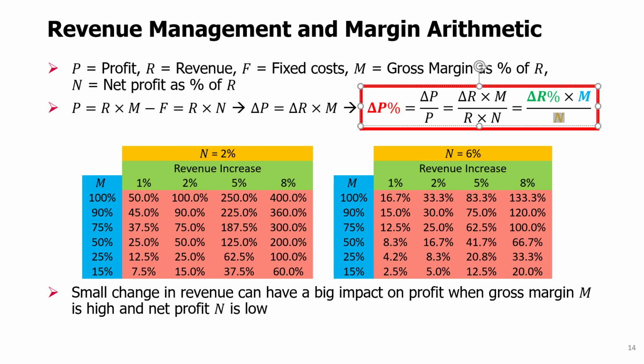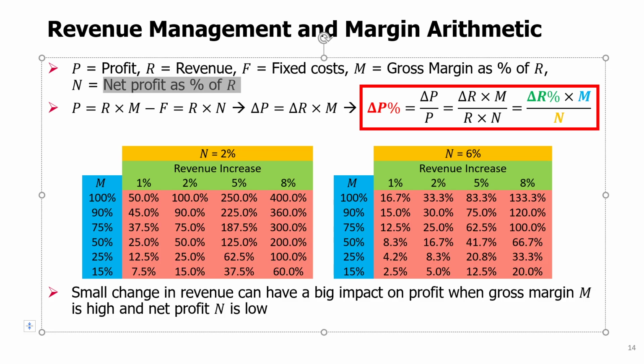So what I want you to see is that a relative, percentage change in revenue will cause a relative, percentage change in profit. However, this change will be magnified if M is large and N is small. N, as I said, is usually small. The net profit as a percentage of revenue is typically small because competition will drive it to become small.